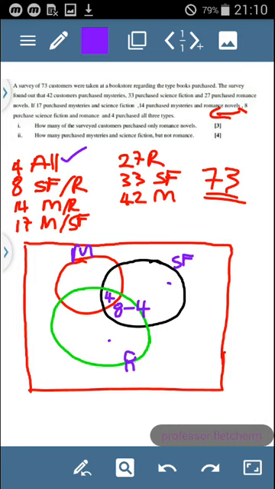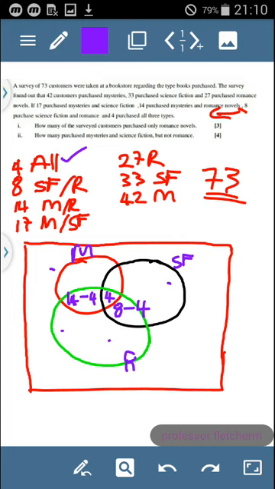And then mysteries and romance, they had 14. Mysteries is here, romance is here. So again we are going to have 14, and again we subtract 4.